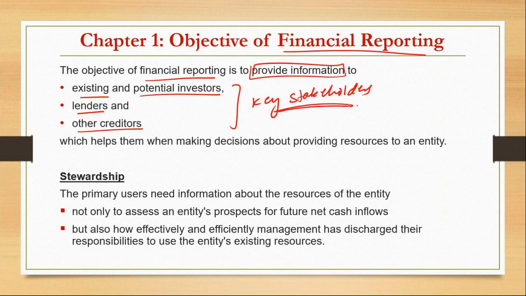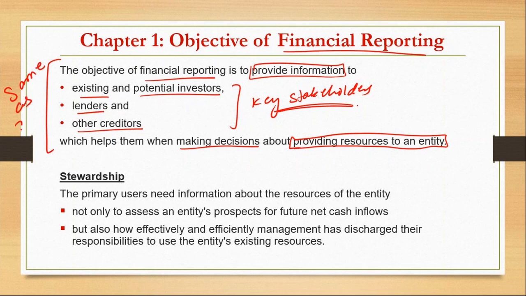So we are going to prepare the financial statements mainly for these three types of users. This will help them when making decisions about providing resources to an entity. Now this objective is the same as the 2010 conceptual framework, but the concept of stewardship has been introduced as a new area.